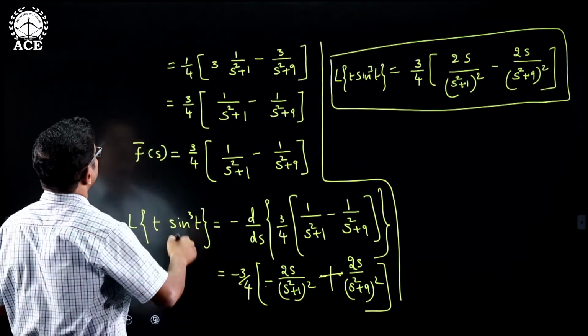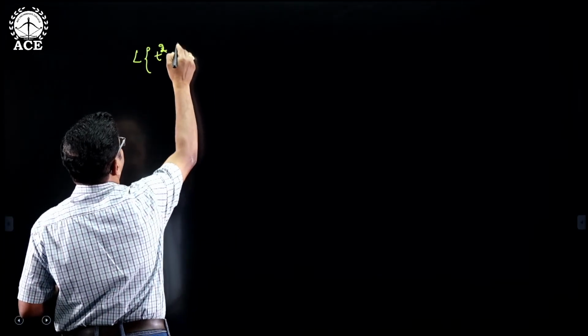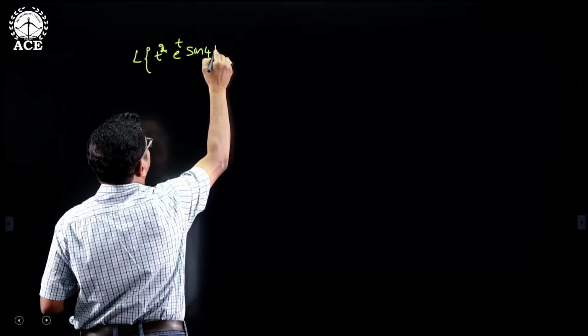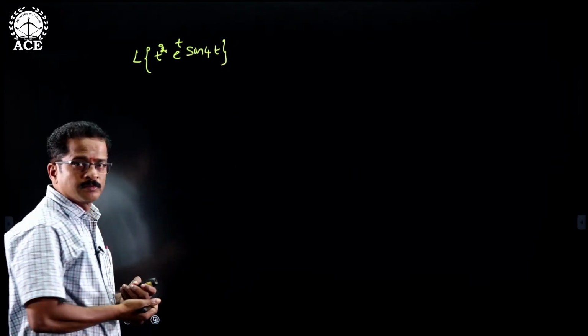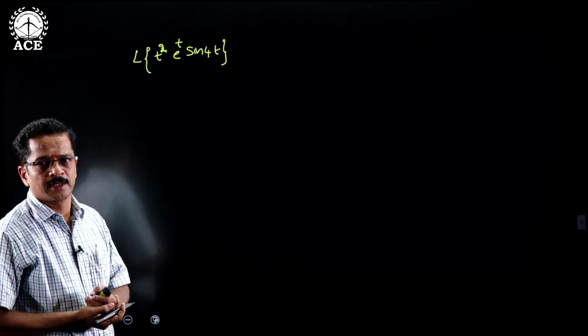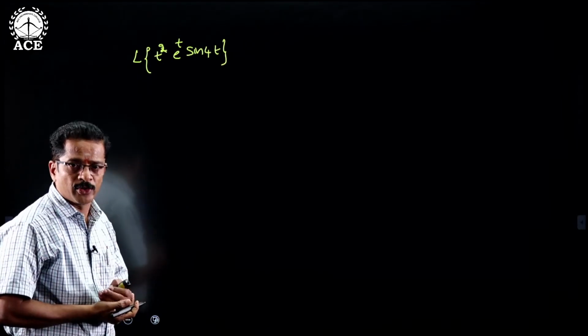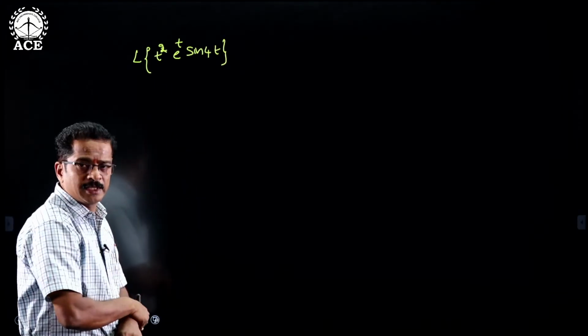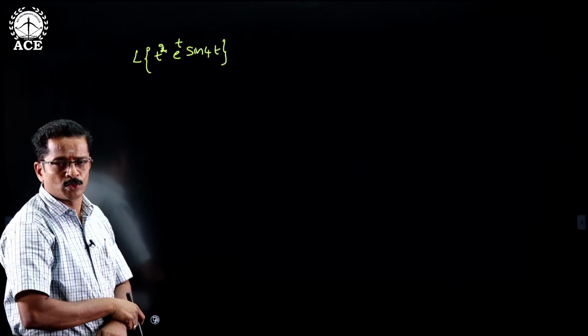L of t square e power t sine 4t. Laplace transform of this we have to find. Means this is actually under multiplication by t rule, no?